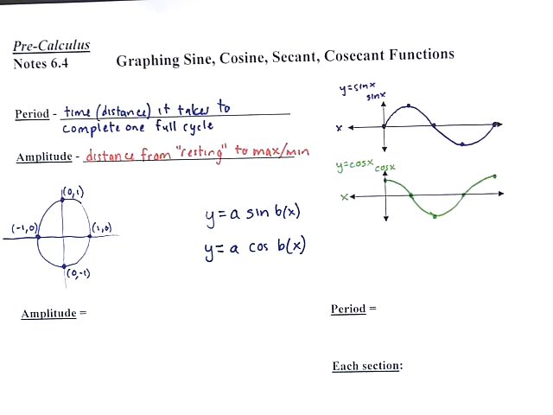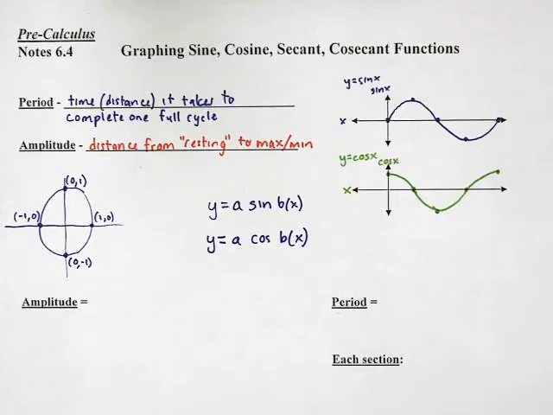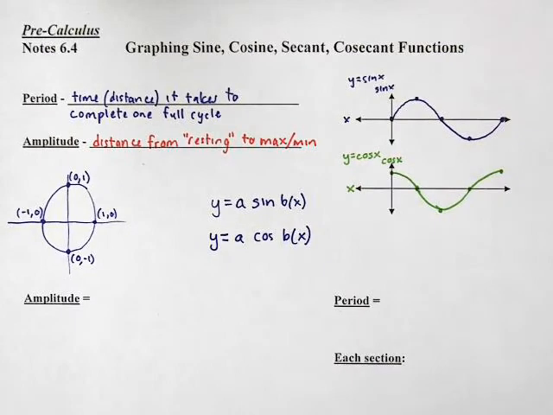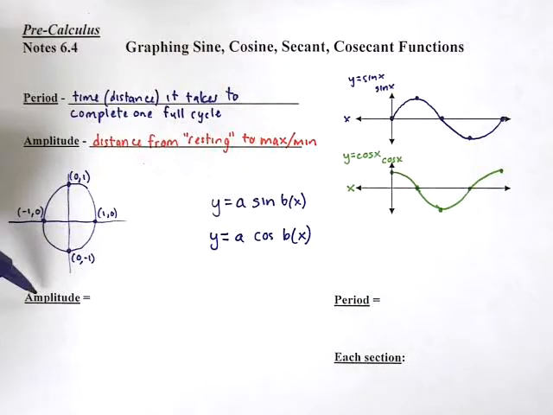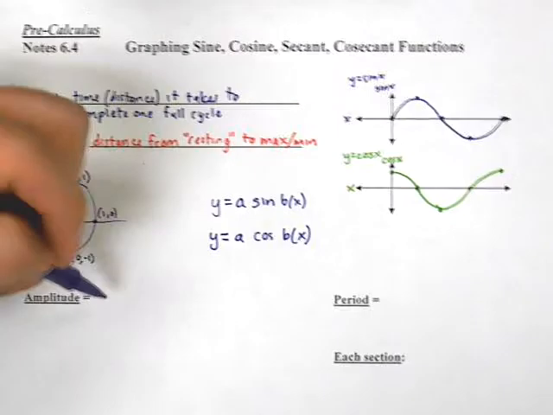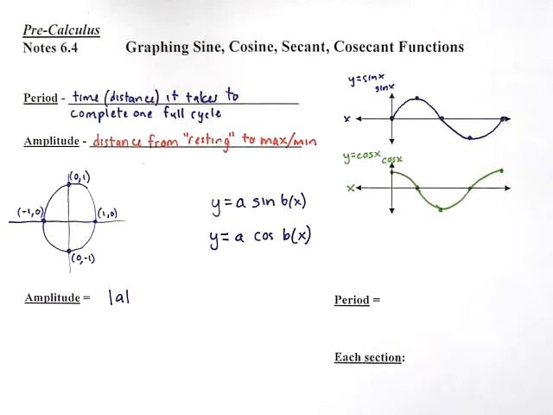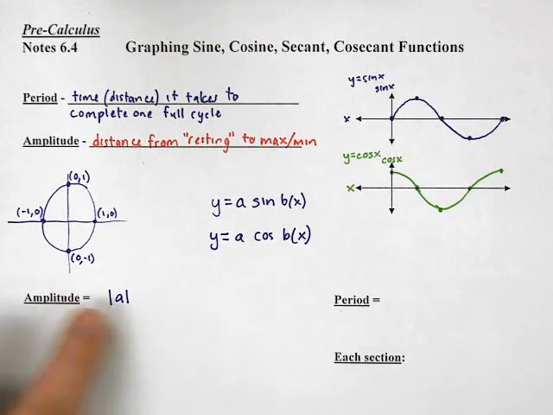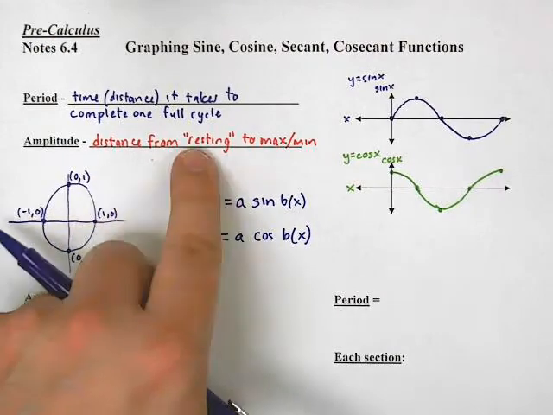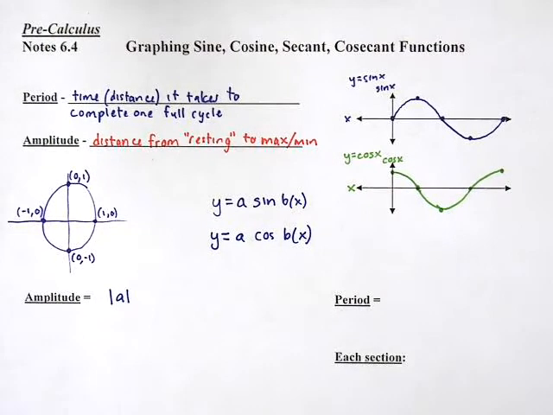Okay, so here are two equations that we can see. What we need to understand here is that this a value always helps us with the amplitude. It's not quite a, it's always the absolute value of a. All right, so whatever a is, that tells you the distance that it's going to go from resting to max or min.